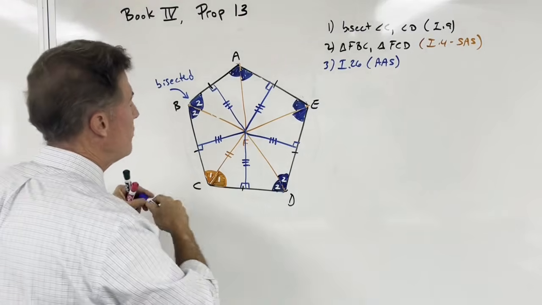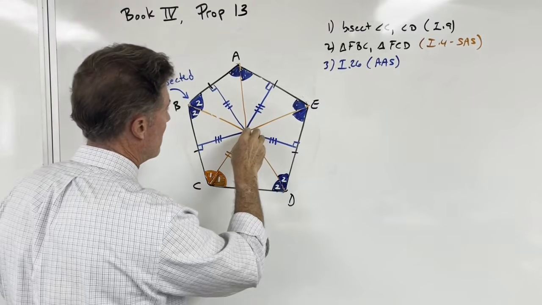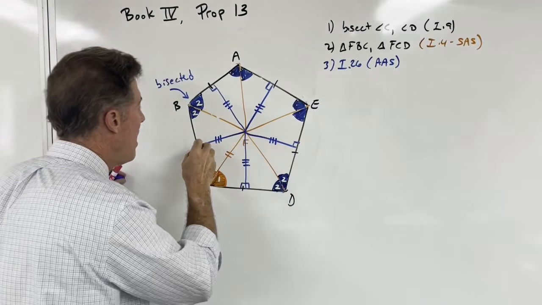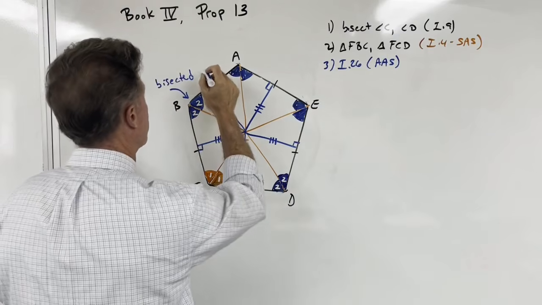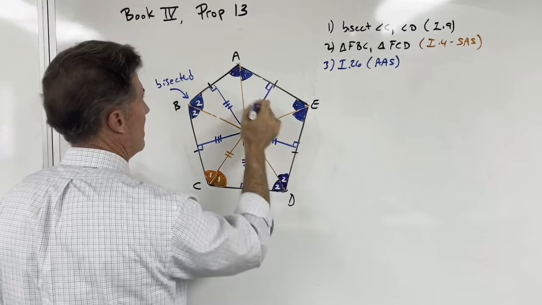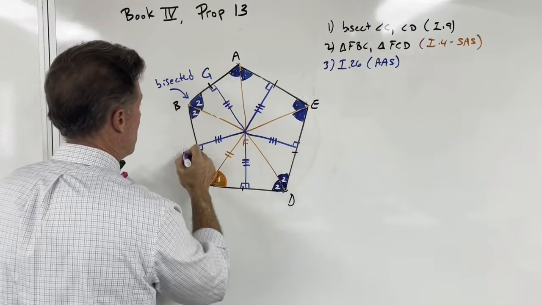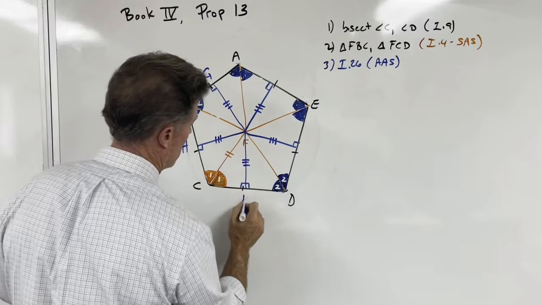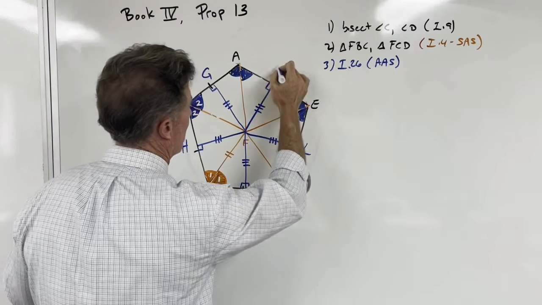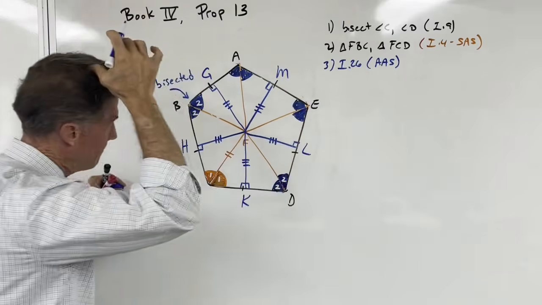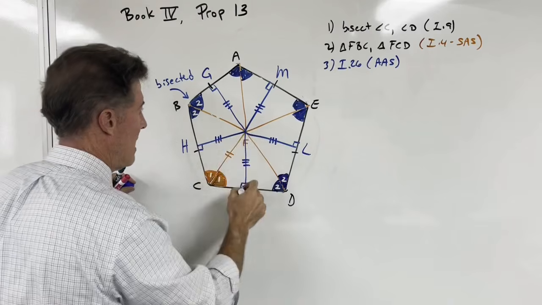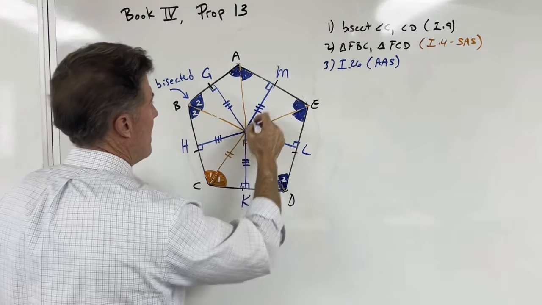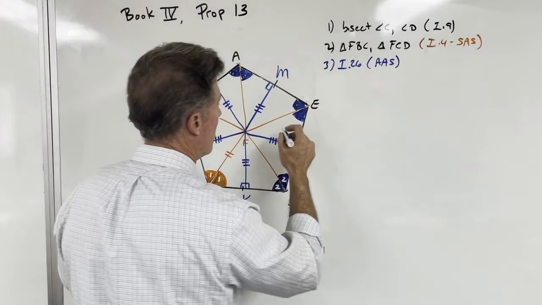That means if we pick F as our center, and any one of these lengths, so let's call this G, H, K, L, and M. So FG, FH, FK, FL, and FM are all equal.